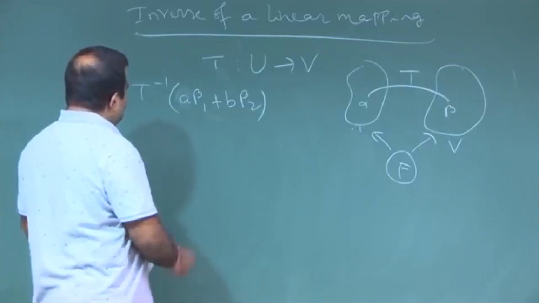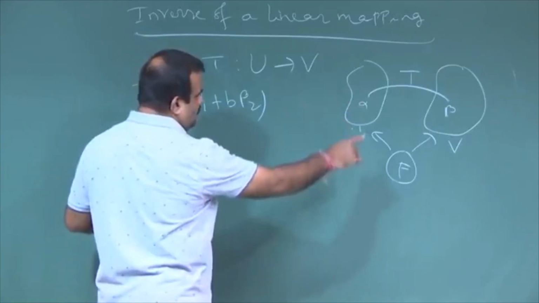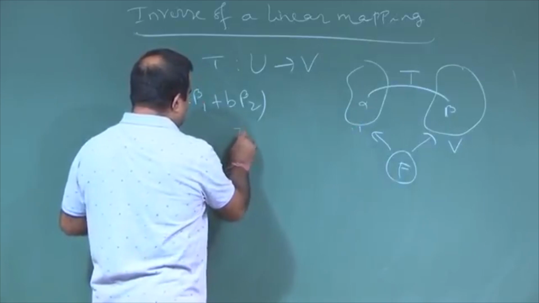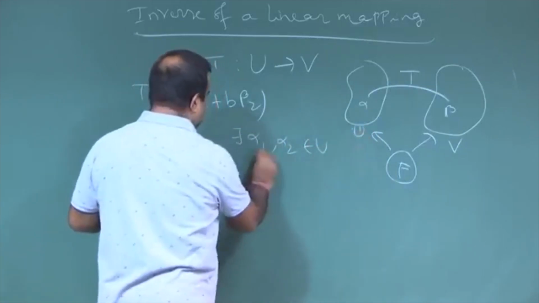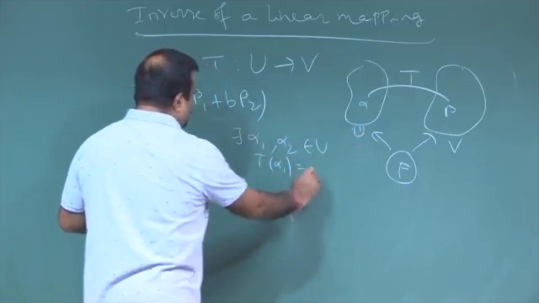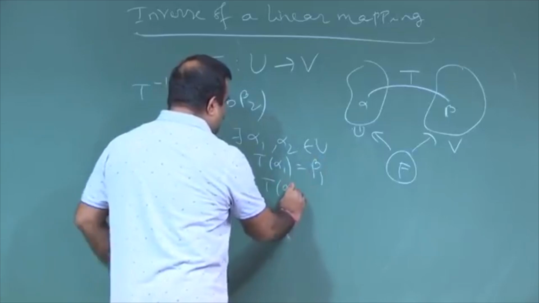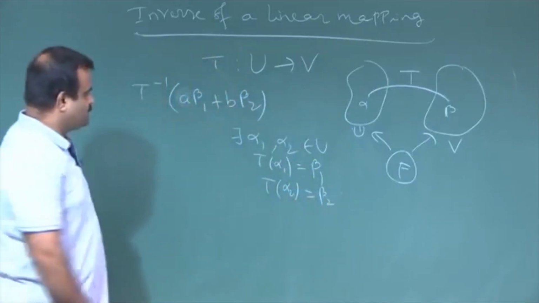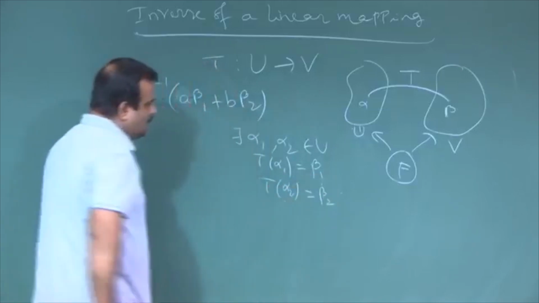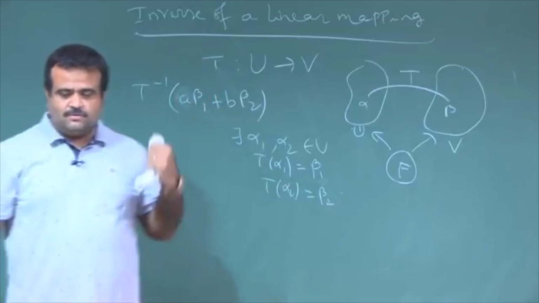So, beta 1, beta 2 belong to V, that means there exist alpha 1, alpha 2 belonging to U such that T alpha 1 equals beta 1 and T alpha 2 equals beta 2.